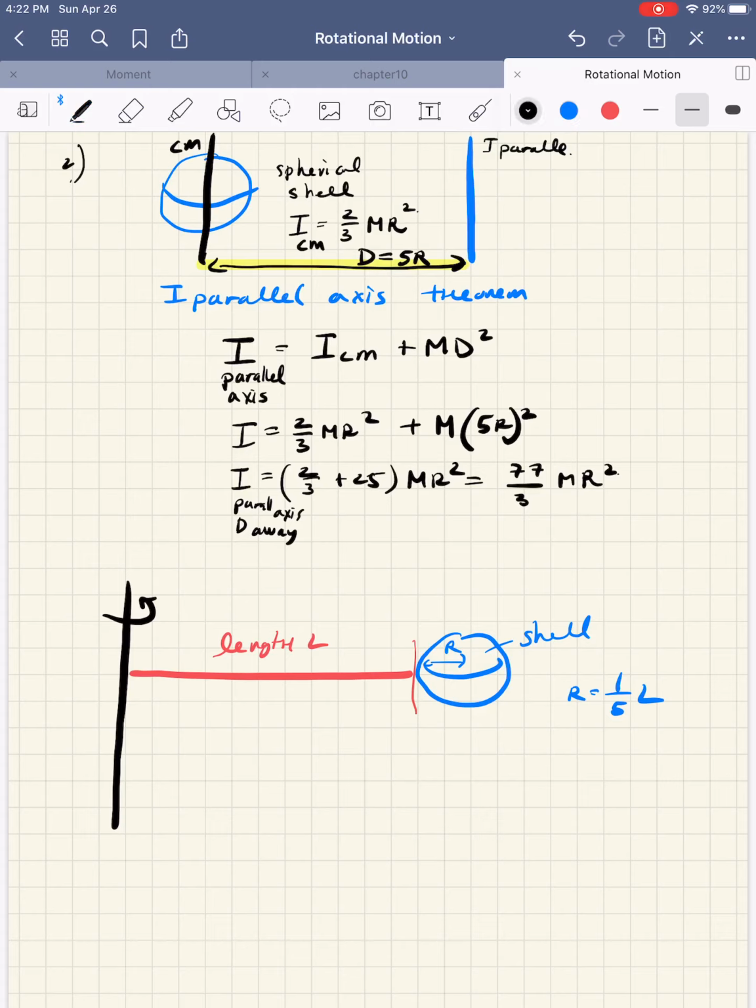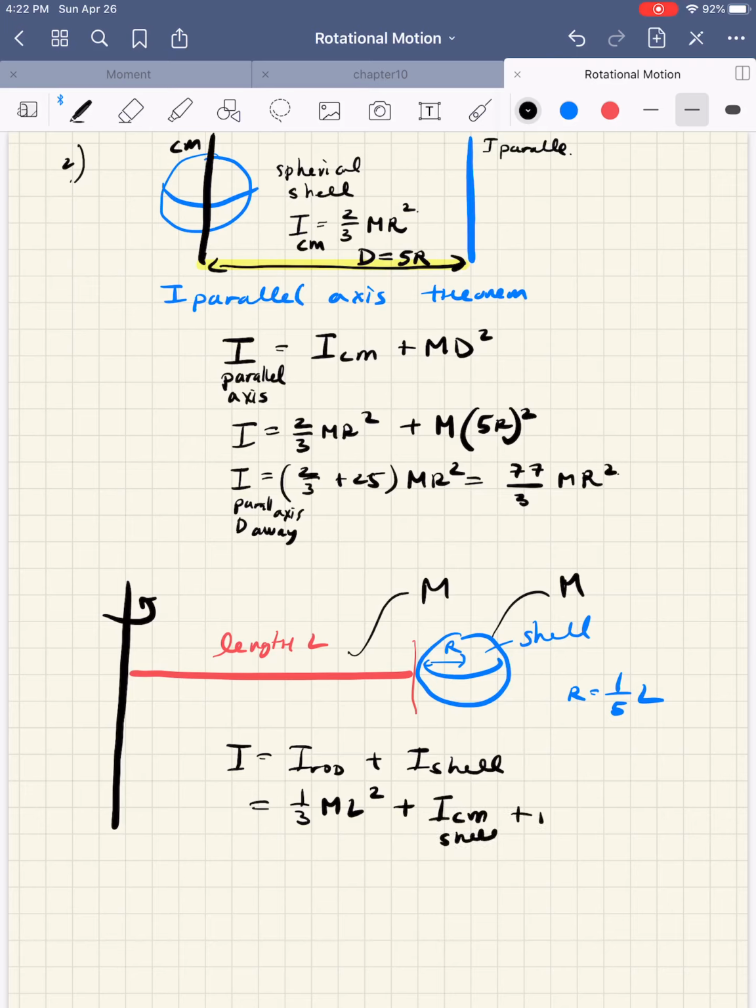Well, the moment of inertia would be the moment of inertia of the rod plus the moment of inertia of the shell. The rod would still be 1/3. Let's say it has a mass m and this one has the same mass m, just for simplicity. The rod would still be 1/3 ml squared, but the shell would be I center of mass of the shell, plus md squared, where d is about the parallel axes.